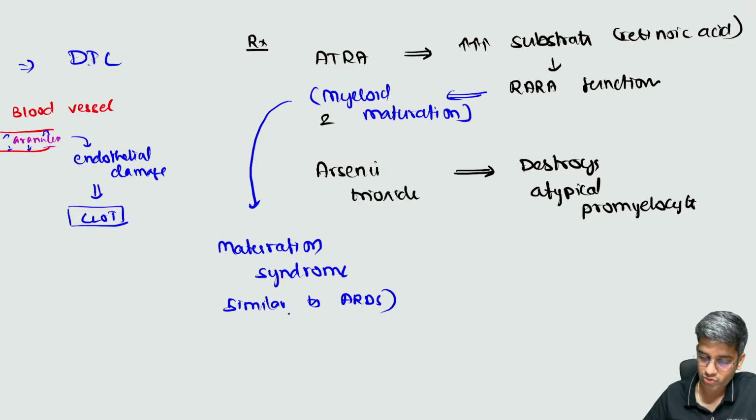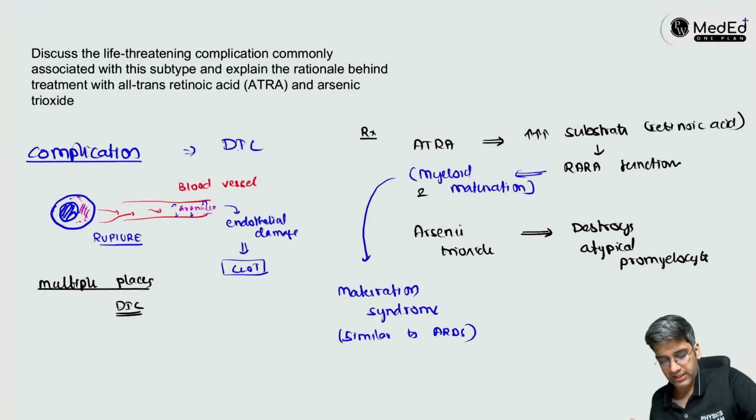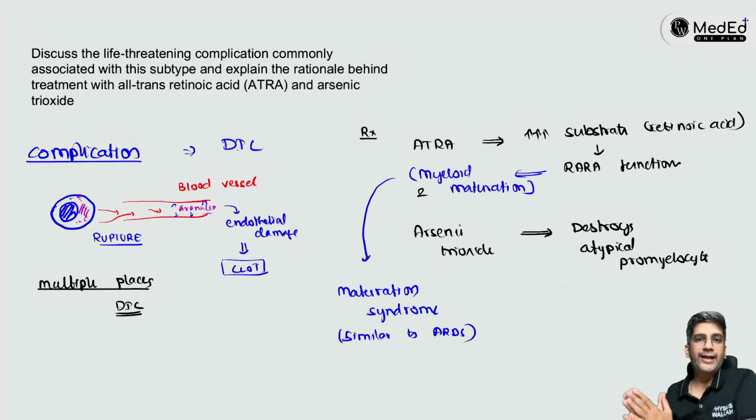Fine, you'll read how to treat that maturation syndrome when you go to medicine, right? So this is the last part of the answer. One complication and two treatment options, and we know how to treat as well. APL is a very, very unique leukemia. Very unique translocation, very different pathogenesis, different origin, different microscopy, and different investigation of choice. What's the investigation of choice for almost every leukemia? Flow cytometry.